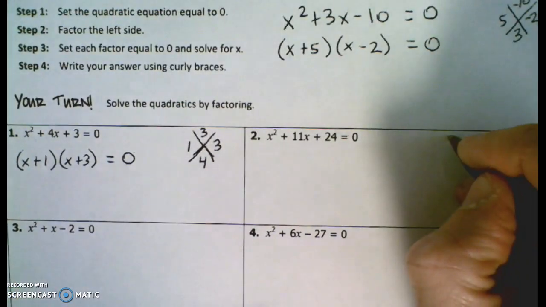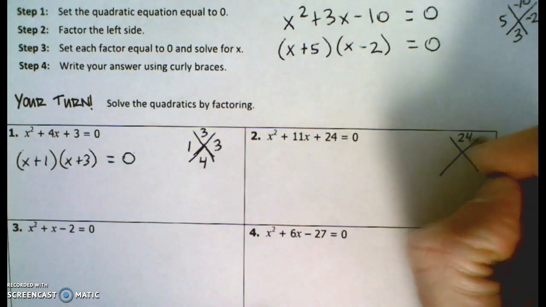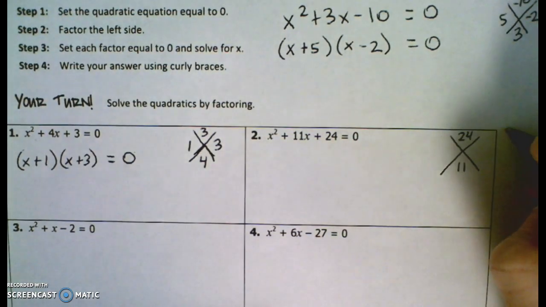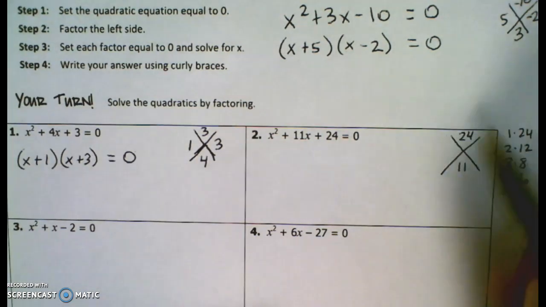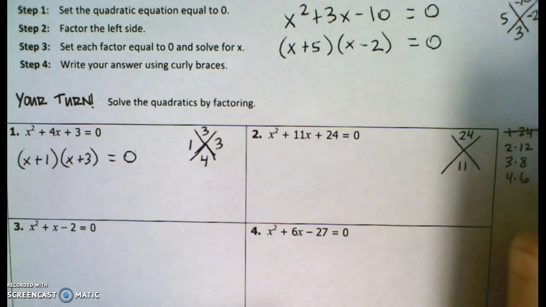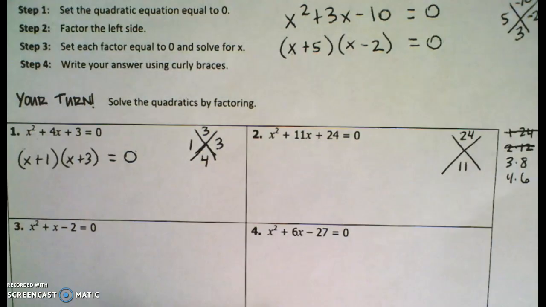For the next problem, what multiplies to give me 24 and adds to give me 11? So you've got to think of your factors of 24. You've got 1 times 24, 2 times 12, 3 times 8, or 4 times 6. Everything's positive, so I don't have to worry about negatives in this problem. 1 and 24 is too big. It's going to give me 25. 2 and 12 gives me 14, so that doesn't work.